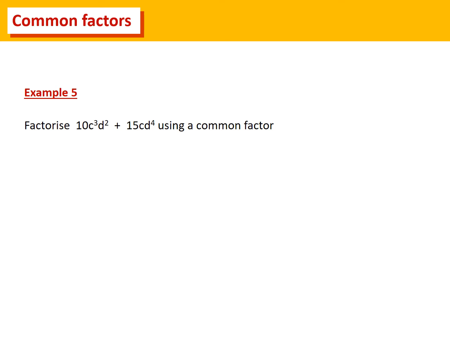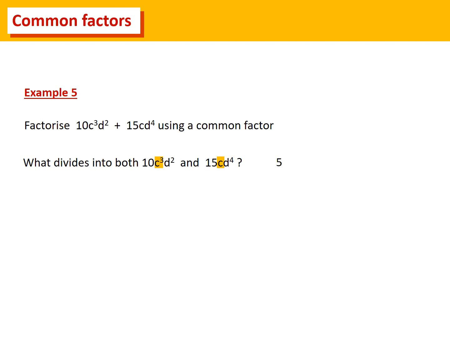And our final example, the most difficult of the lot. What divides into all that expression? Well, do it in bits. Look at the numbers. What divides into 10 and 15? And the largest thing that divides into 10 and 15 is 5.